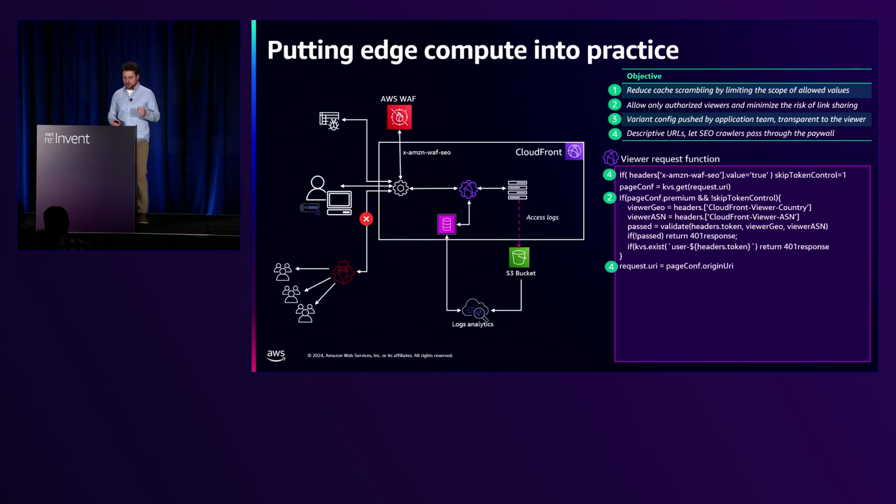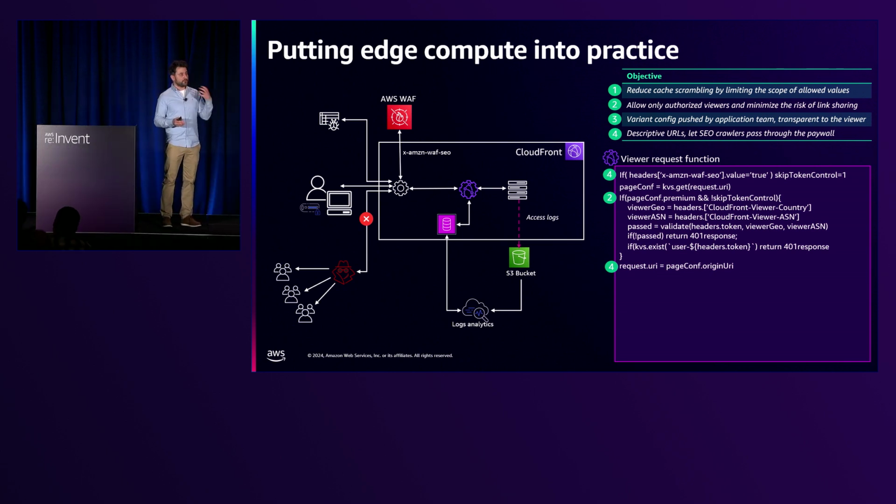Now, when it comes to the use case of introducing page variants, or friendly URLs, this is a perfect use case for the key value store, which can now become the simple interface for our product teams, who can push page configuration into the key value store.